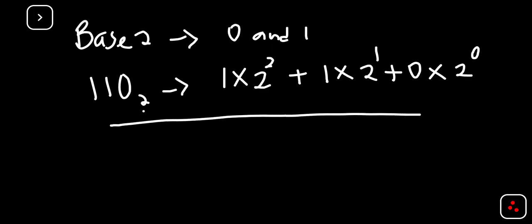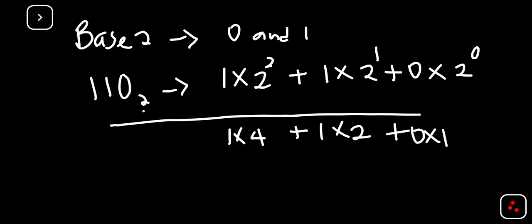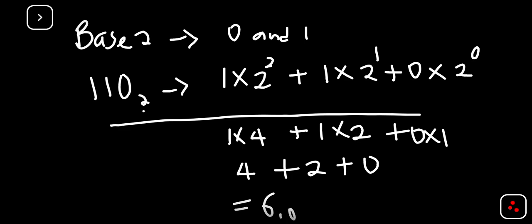So now we have 1 times 4 here, plus 1 times 2 here, plus 0 times 1. Okay? And it's going to give us 4 plus 2 plus 0, and we're going to have 6. So this is our value in base 10. So 110 base 2 is 6 in base 10.